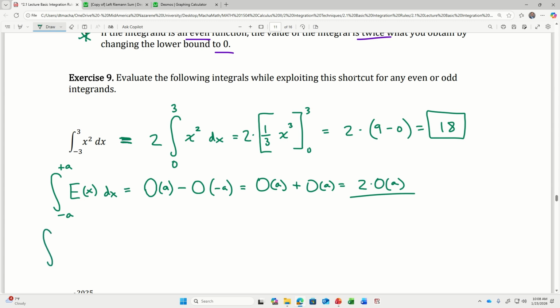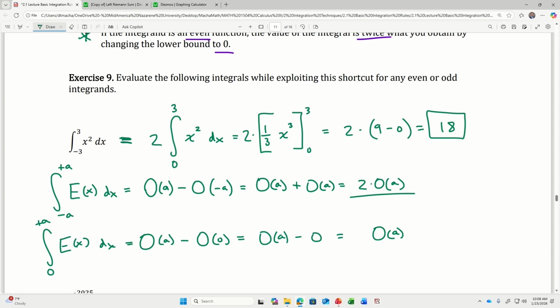Alternatively, what if I have the same even function in the integrand, but I set the lower bound to 0? Well, then I have an odd function evaluated at the upper bound, minus an odd function evaluated at 0. But an odd function has that rotational symmetry about the origin, and so an odd function evaluated at 0 is always 0, right?